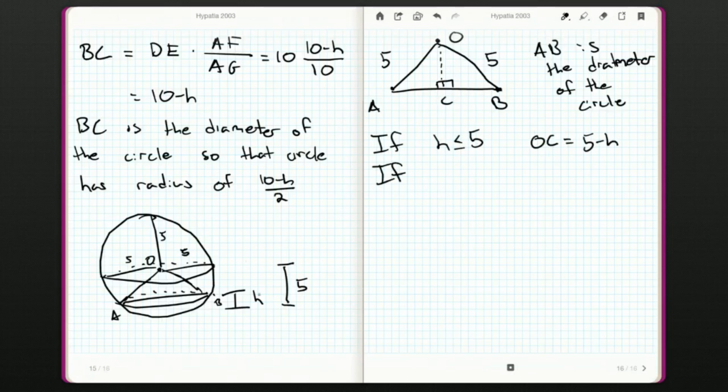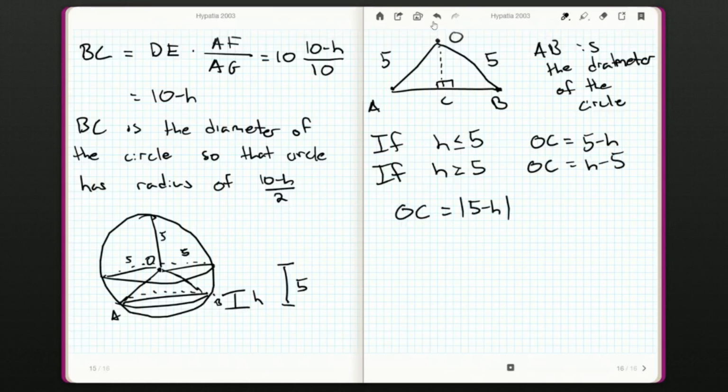If, on the other hand, h is above 5, it turns out OC will be h minus 5. Okay? So ultimately what we could say, if we wanted to, for example, use absolute values, we could say OC is the absolute value of 5 minus h. Okay?